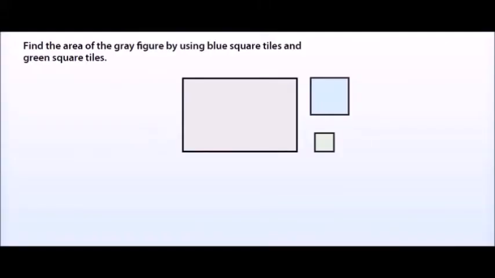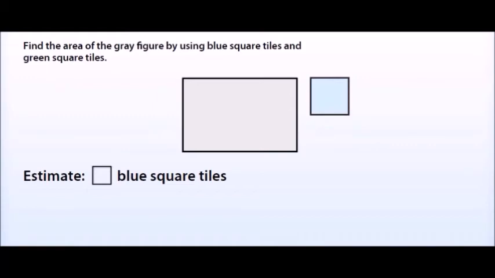Let's find the area of the gray figure, first by using blue square tiles and then by using green square tiles. Let's start by estimating the number of blue square tiles it will take to cover the gray figure. It looks like it will take 2 rows of blue tiles to cover the figure, with 4 tiles in each row.